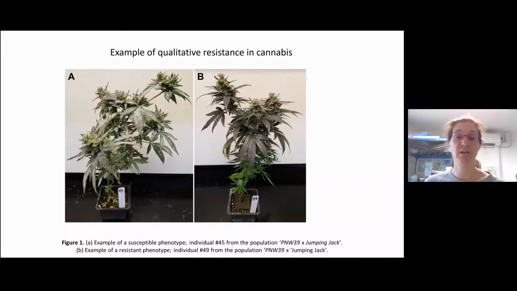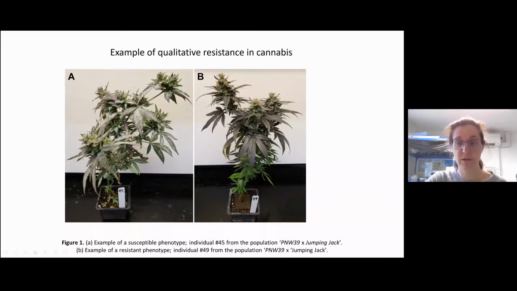So what does an R gene look like in cannabis? Here's an image. On the left-hand side, you see a susceptible phenotype. This plant has been grown in high humidity conditions with a lot of fungal spores of the powdery mildew pathogen, and you can see its leaves are completely covered in powdery mildew.